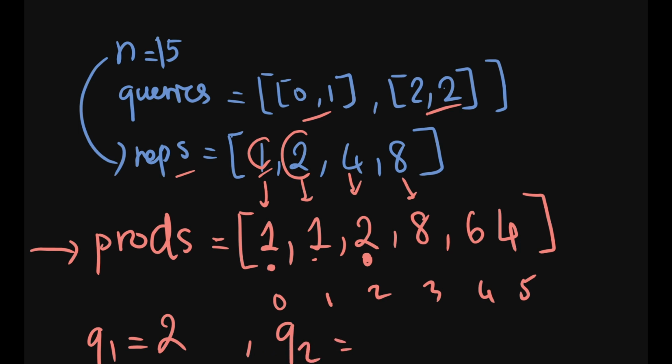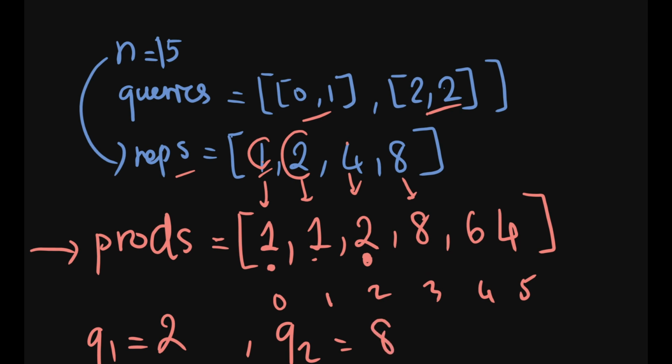So query 2, I guess it should be from this value all the way, no, sorry, it should be returning back 4. So in our pre-computed products, we'll take the value at r plus 1, which is 2 plus 1, that is 3.